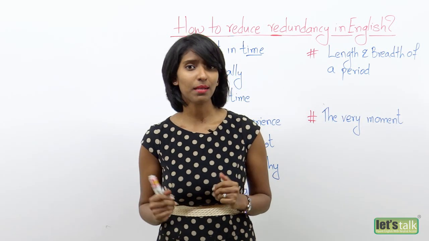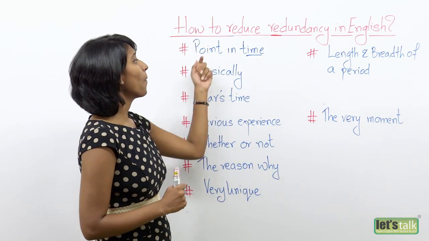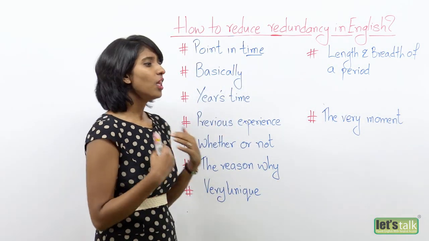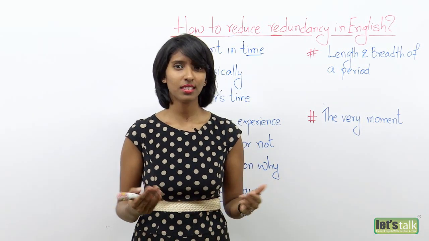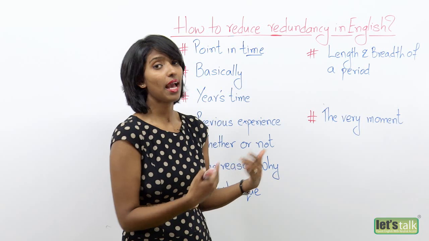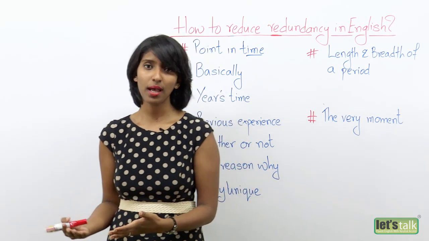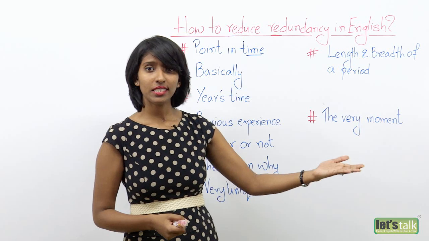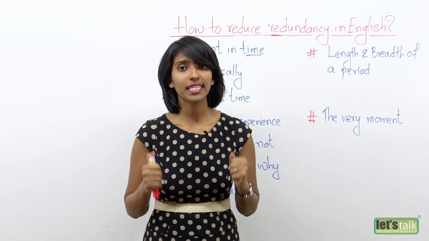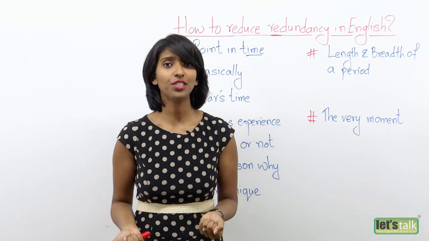Let's take a few examples. The first is point in time. A lot of people use this phrase point in time when they are discussing something that has either actually happened or is about to happen. For example, at that point in time, people could not take his suppressive attitude.